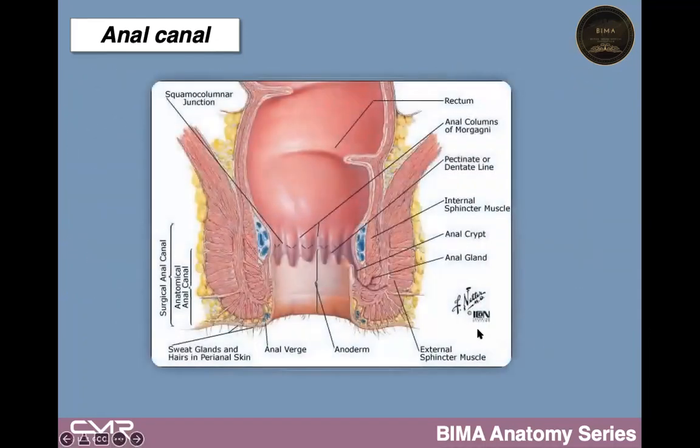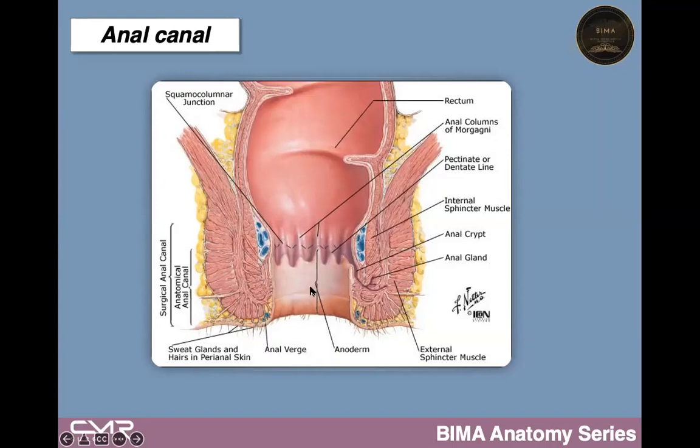So this is the anal canal. This is your dentate line or pectinate line, however you want to describe it. You have the rectum here. You have the rectal ampulla right there, and you've got the continuation to the anus, obviously.